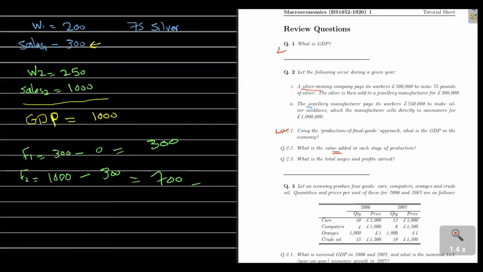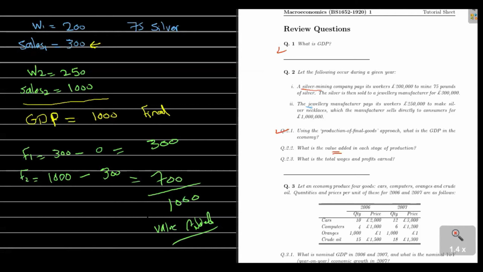Adding these together gives us the 1 million pounds, exactly the same. Here we use the value of the final product; here we just focused on the value added, which should give me the same number.